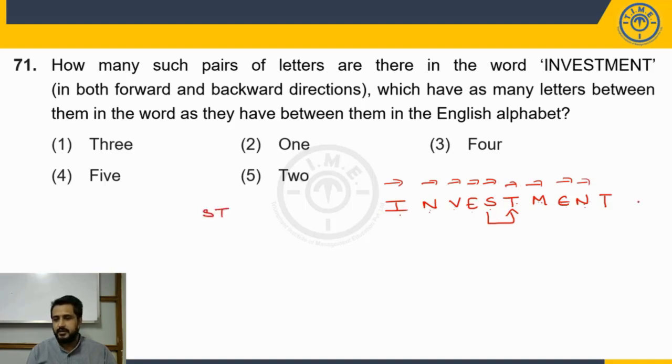Now let's start counting in the backward direction. So this direction, starting from T. T, U, V, W, X, Y, Z. When you reach the Z, you have to stop.